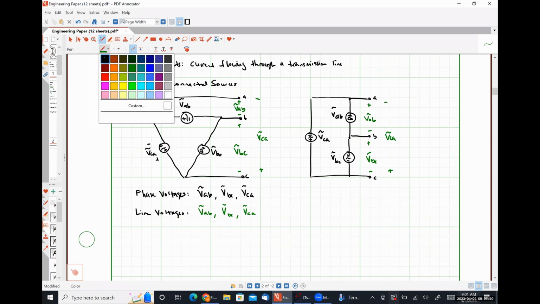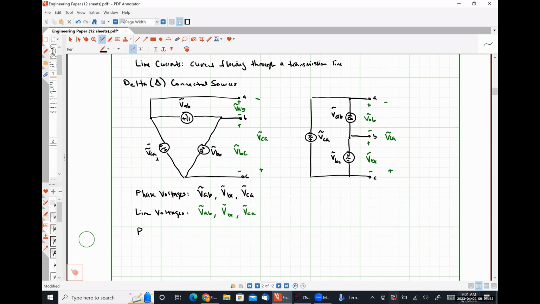Okay, phase currents. So I want to say I used this little blue line, the blue color. So once again, these are just going to be the currents flowing into the positive polarity terminal. So we're going to have a phase current IAB, a phase current ICA here, and a phase current IBC here.